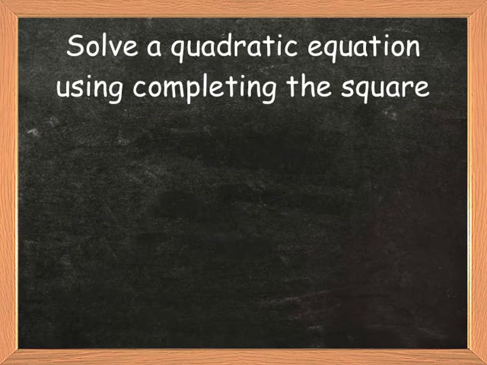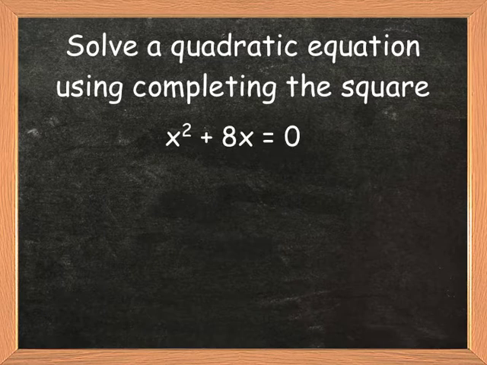Completing the square will help us solve a quadratic equation. Let's review how to do that. This one is in good shape to complete the square for because the x squared and the x term are on the left. The constant term is on the right, in this case the constant term being 0.